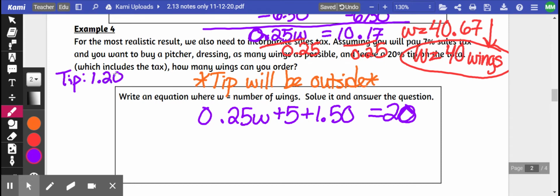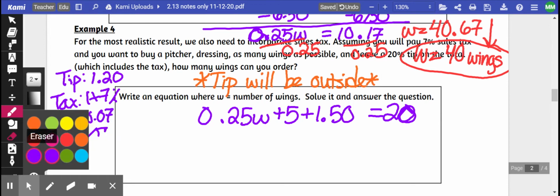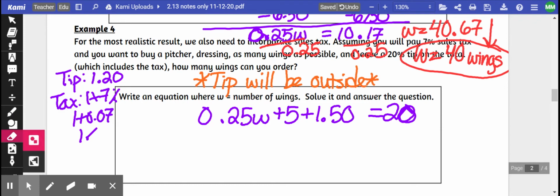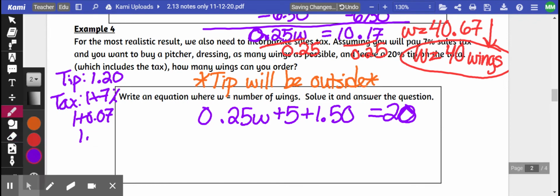Now, for my tip amount, I know that it's 20%, which will be 1.20 because I'm going to be using a multiplier. My tax also makes an increase in the price. And my tax is 7%, so it's going to be 1 plus 7%. So that's 1 plus 0.07. Sorry, the stylus is not working as well as it usually is.